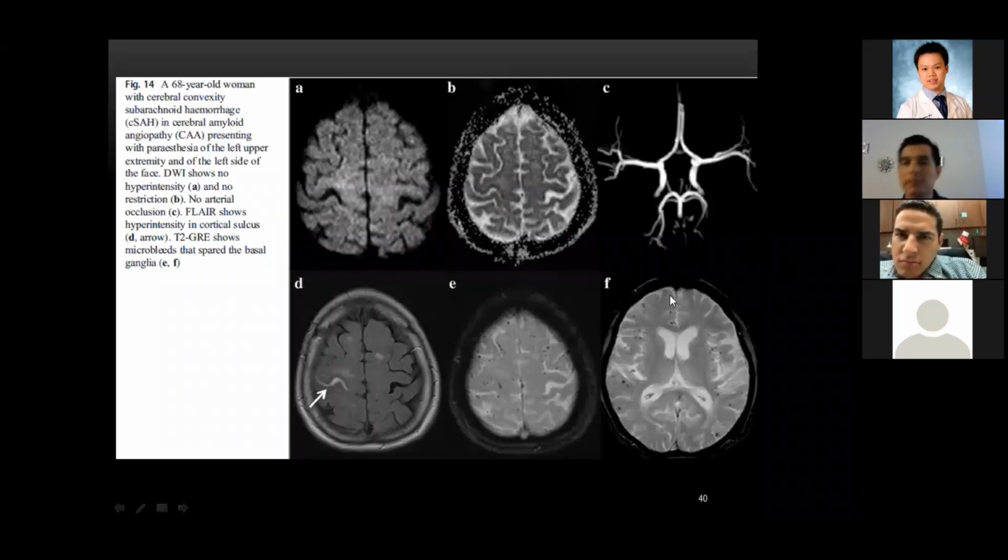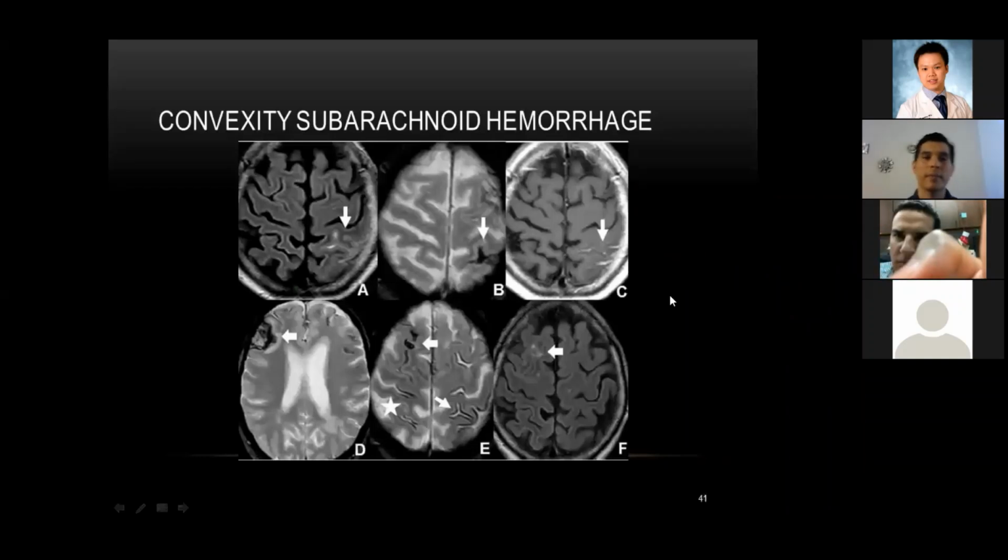That is typical of CAA. And this is another case where, 2 years after, this lesion is very similar to what we saw.